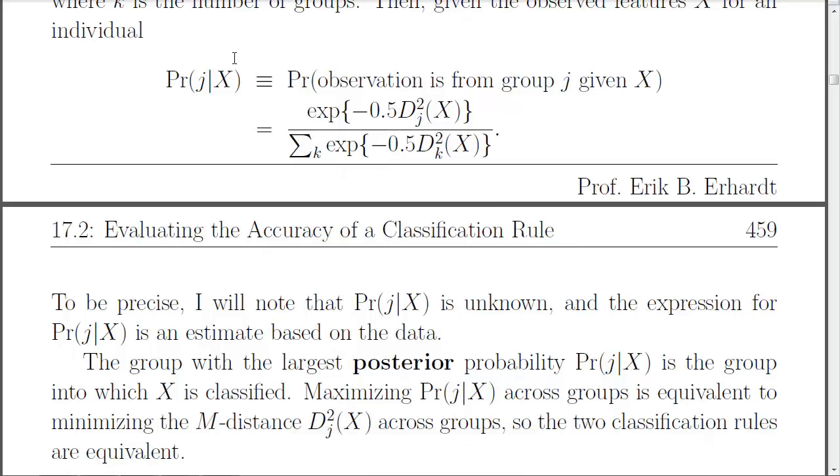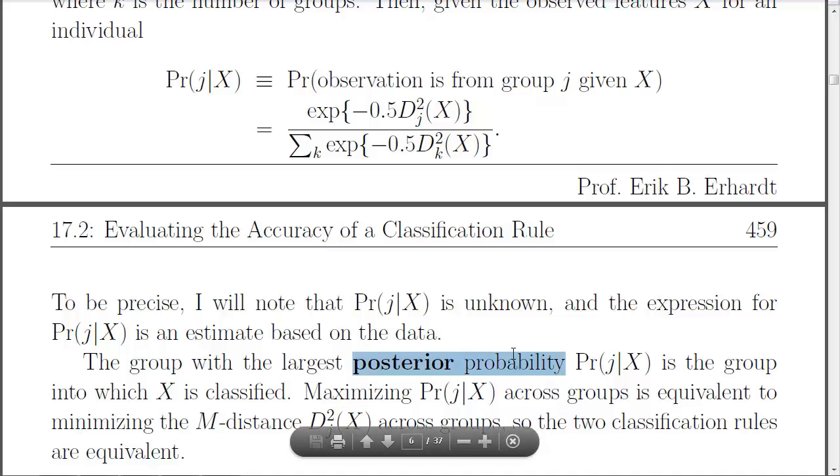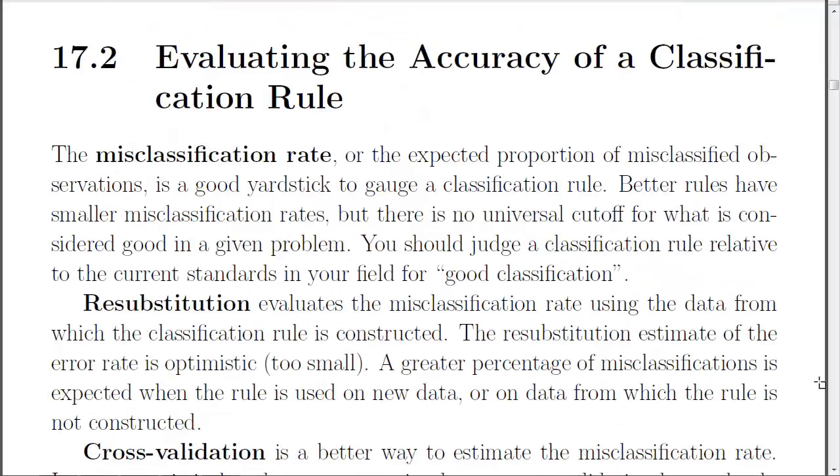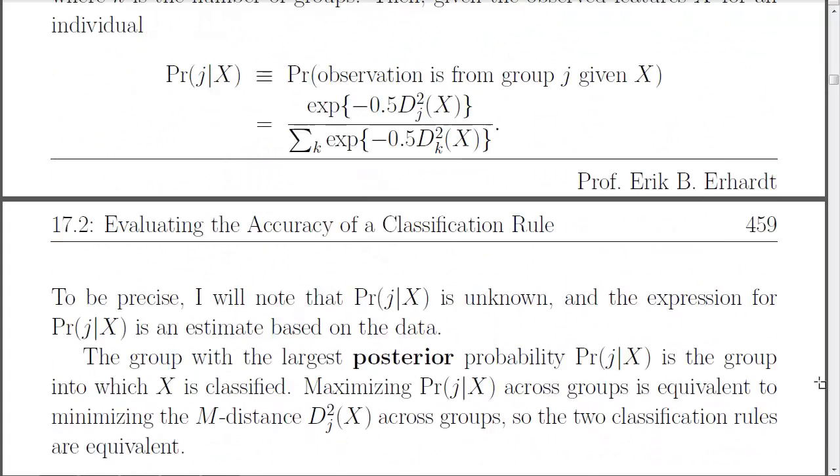What's the probability you were from Setosa, group 1, Virginica, group 2, or Versicolor, group 3? And those three probabilities will add up to 1, and the group that has the largest posterior probability will classify that flower into that group. Okay, so we'll see some examples of this shortly.